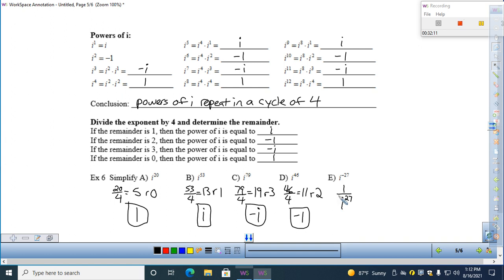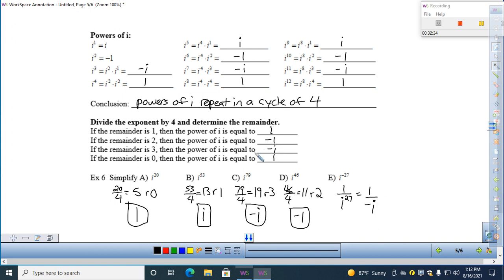I'm going to shortcut a little bit, but if I went through my cycle of 4 and figured out where 27 is, it would be the third one down. If you did 27 divided by 4, you would get 6.75. You get 0.75, so the remainder is 3, and so we get negative i.